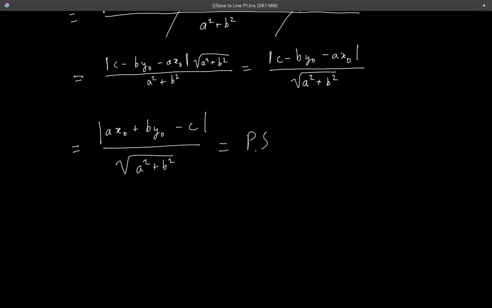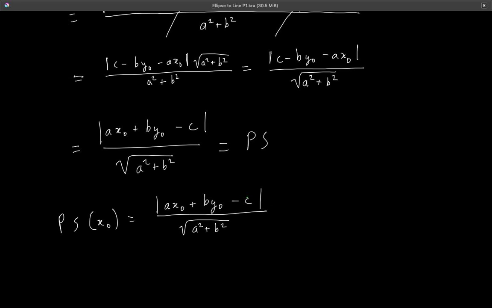But we can view this as a function of x0. In other words, we can write that PS of x0 is equal to ax0 plus by0 minus c, in absolute value, divided by the square root of a squared plus b squared.